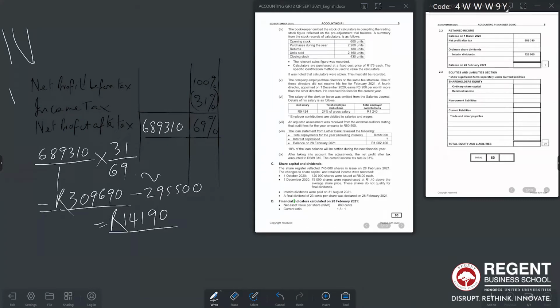We're doing adjustment C, information C. I'm doing the retained income note. I think, you know what? Maybe you could put this for me. I'd rather write, there's no way.